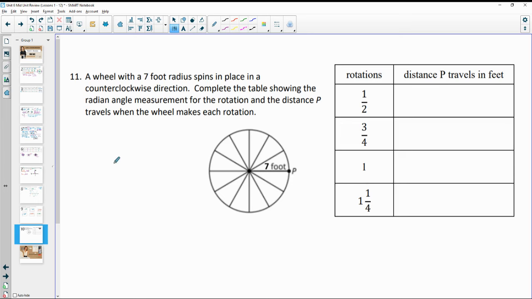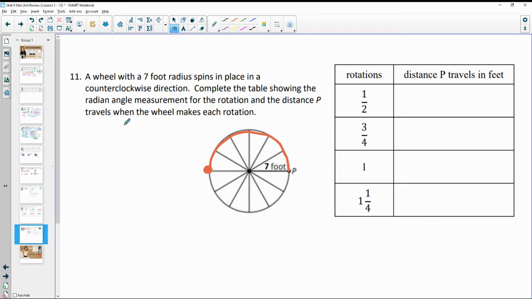Number 11, a wheel with a 7-foot radius spins in place in a counterclockwise direction. Complete the table showing the radian angle measure for the rotation and the distance P travels when the wheel makes each rotation. So this is a rotation halfway around the circle for this first one. So halfway around the circle would be to here, and that's going to be a radian of pi.